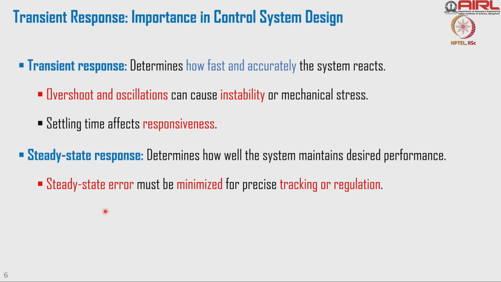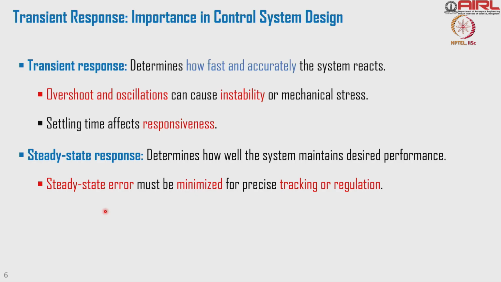We want the steady state error to be 0 in certain cases. In some cases we do not mind. For example, I want to go to a particular location, let us say x comma y. I am saying go to 10 meter cross 10 meter. It is very difficult to go exactly to 10 meter cross 10 meter. You can always say there is an epsilon bound.